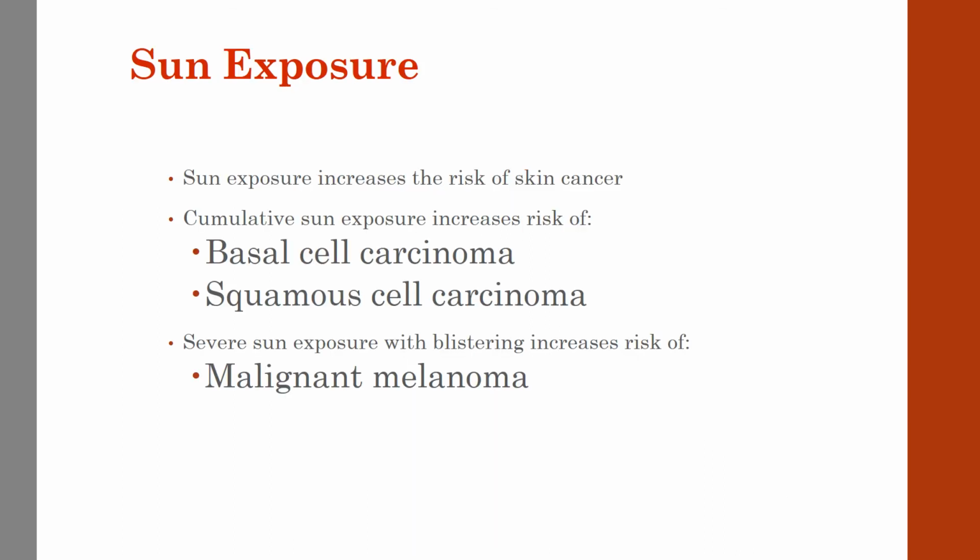So, sun exposure creates risk for cancers, and skin damage increases risk for these three cancers, right? Basal cells, squamous cells, and malignant melanoma. The easiest to treat is basal cell. The one with the worst consequences is malignant melanoma.